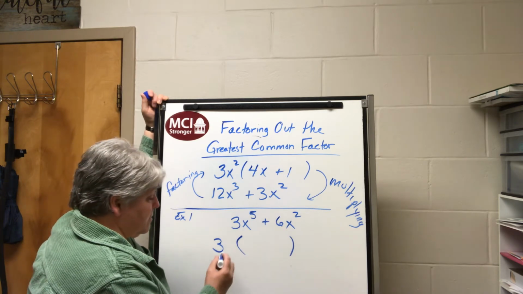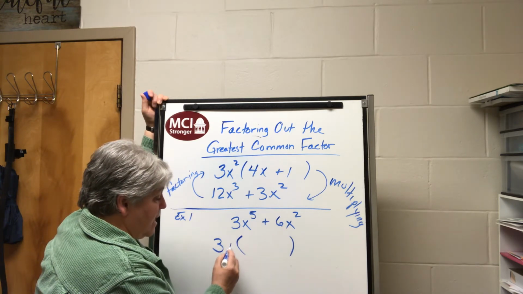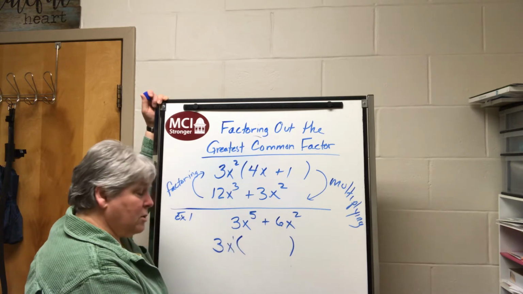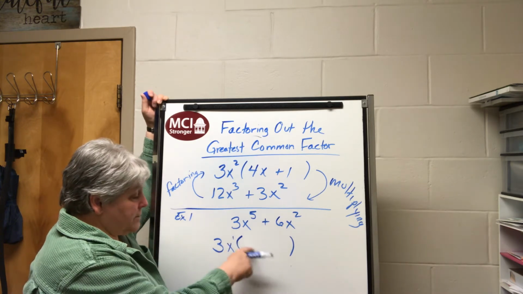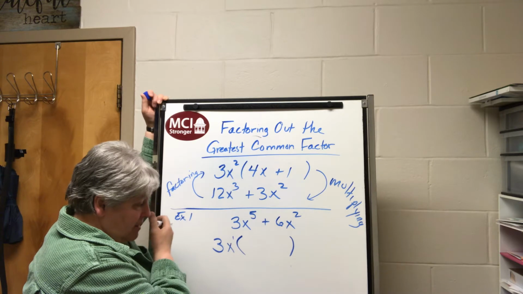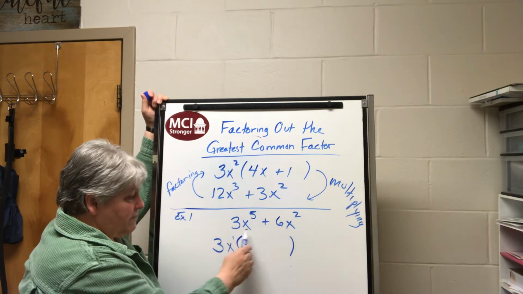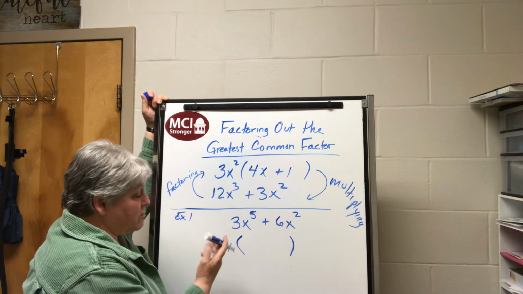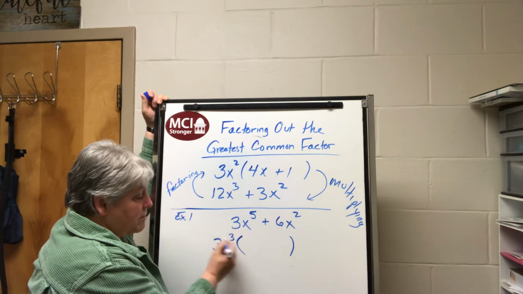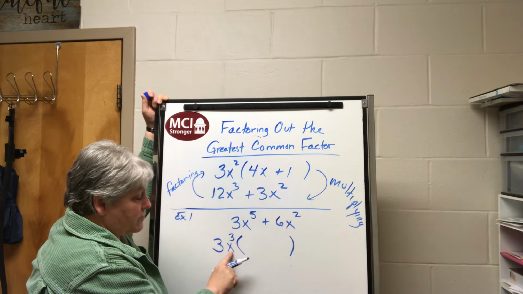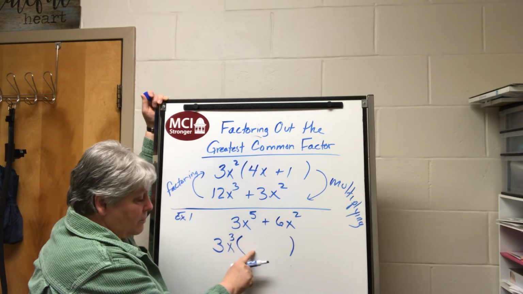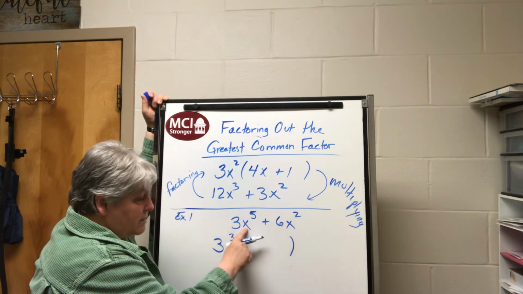Well, could they have had x to the first? Sure. But did you notice that there's even more x's that I could have taken out? In fact, let's ask, could they have had x to the third? X to the third times something would multiply to get this.